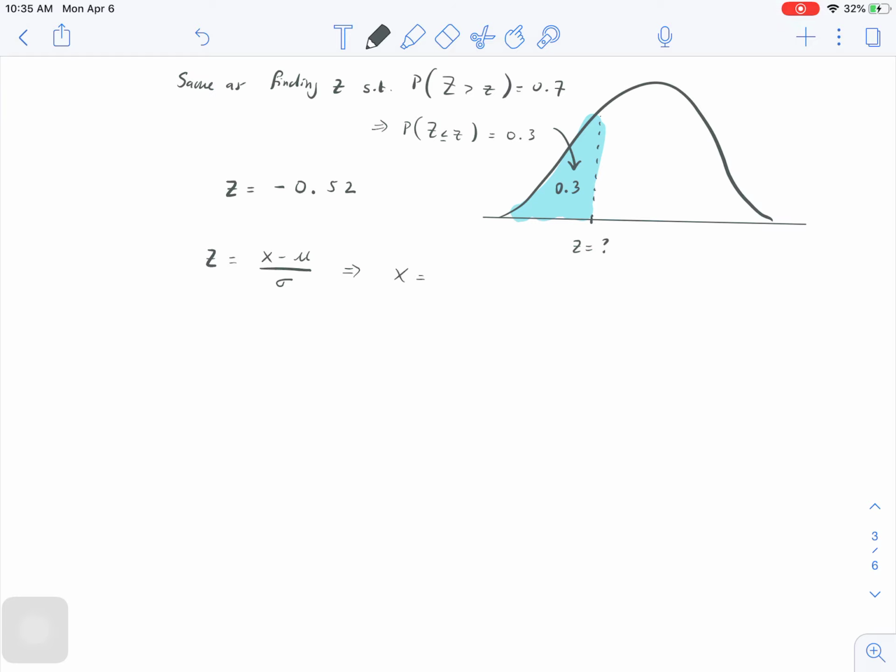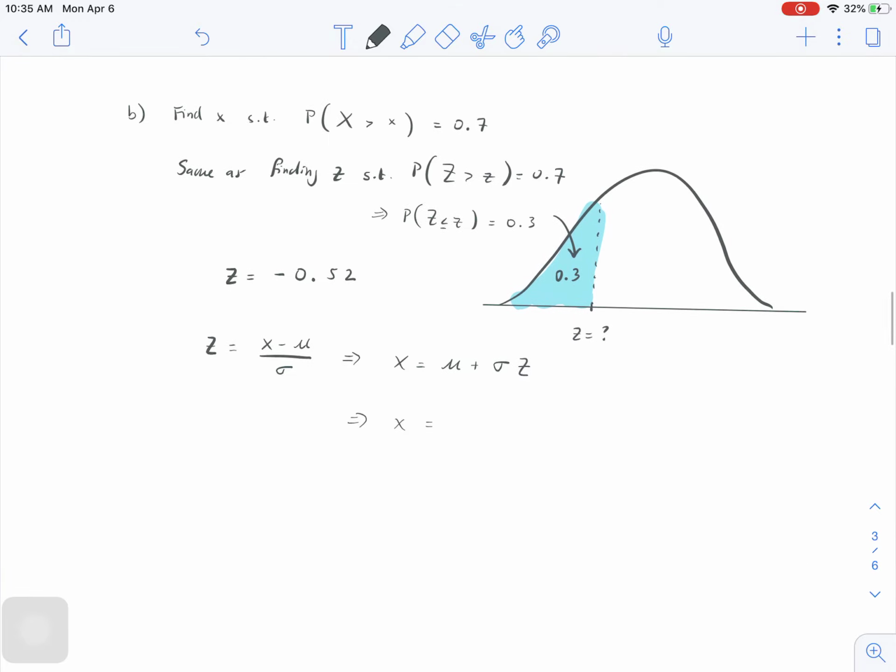I can rearrange my variables here to get that x is equal to the mean plus the standard deviation times the corresponding z-score. So to convert from the z-score to x, I'll just plug in my mean, standard deviation, and z-score. The mean given is 20, and the standard deviation given to us was 5. Plug in z.